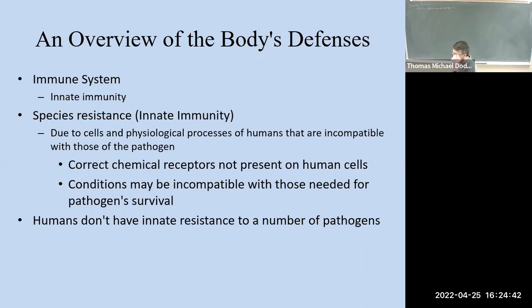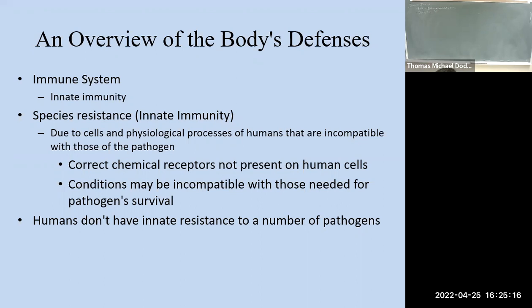The reason I say not very specific is there are some pathogens that we have no innate resistance to. And there are some pathogens that don't care anything about us. Why do I say that? Because part of your innate immunity is your body temperature. If you are 37 degrees Celsius most of the time, and there are some bacteria that really enjoy growing at 20 degrees Celsius, do they want to infect you?